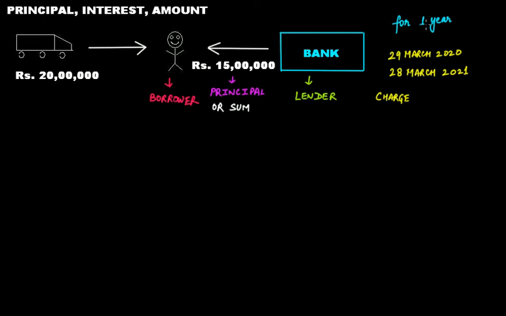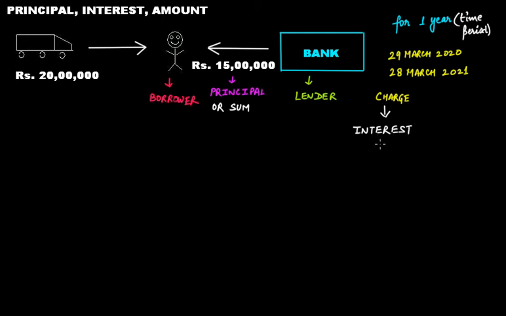This time period of 1 year is the time period within which you have to return this amount back to the bank. And since we said the bank is going to charge you some amount on this principal, that is actually called interest.